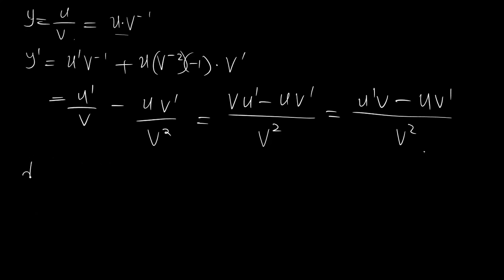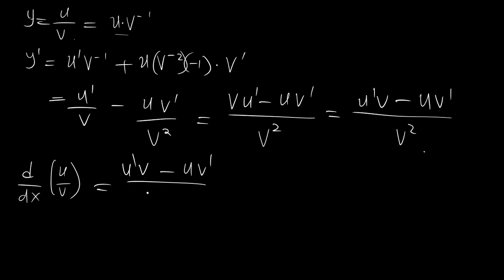Meaning the derivative of u all over v is equal to u prime v minus u v prime all over v square. So this is the formula we're going to be using.